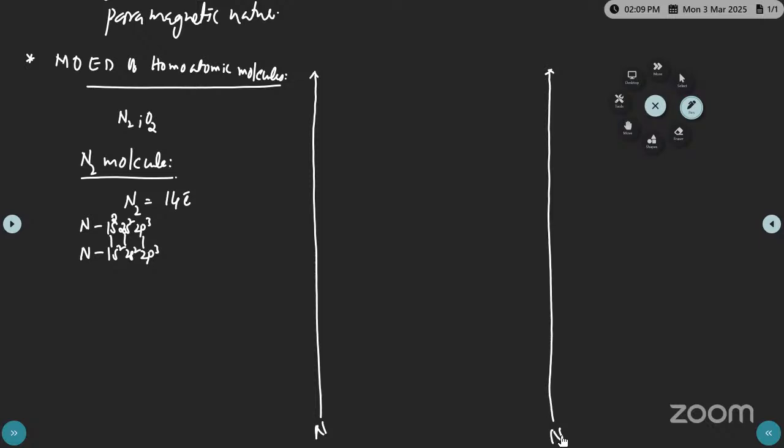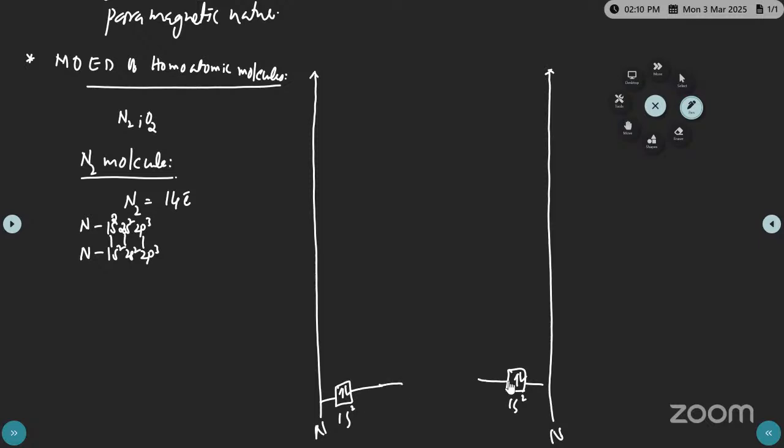These are the atomic orbitals. If these two atomic orbitals linearly combine, how many molecular orbitals are formed?